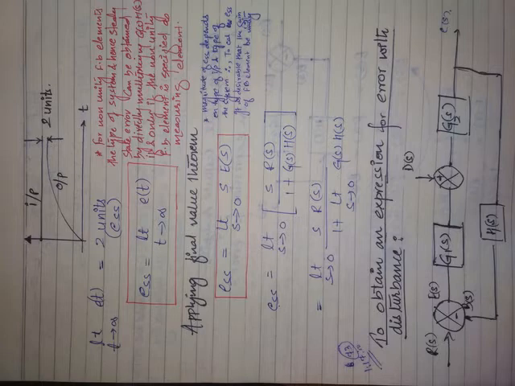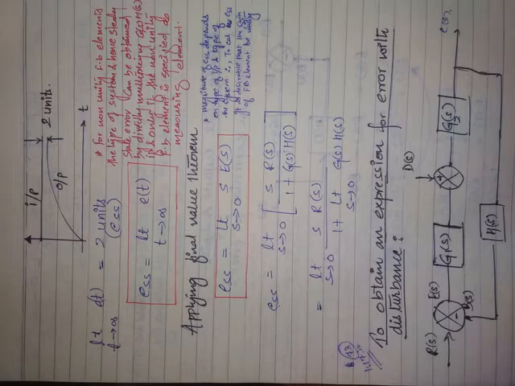This entire expression is governed by this mathematical manipulation, limit s tends to 0. So this is expressed as limit s tends to 0 s R of s by 1 plus limit s tends to 0 G of s H of s. What is this ESS?